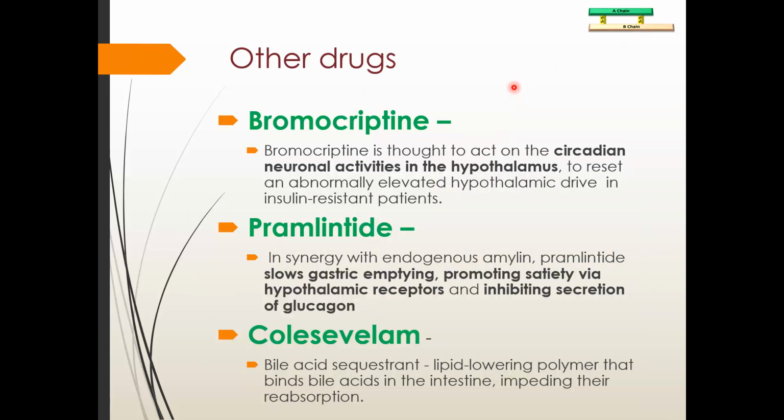Now some miscellaneous drugs. These are not the drugs that we use as first line, but all of them are approved and they act by some atypical mechanism of action, like bromocriptine. You know that bromocriptine is a dopamine receptor agonist, and it is mainly used in Parkinsonism and also in hyperprolactinemia, but it has some action as an anti-diabetic drug also.